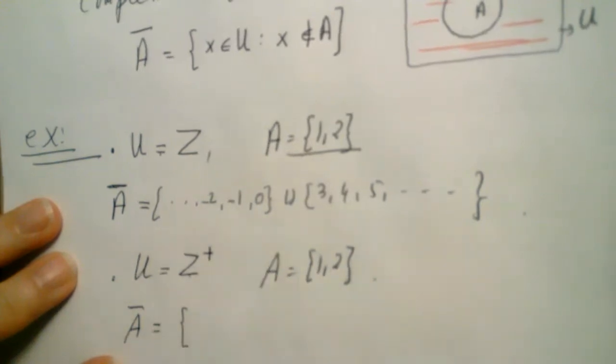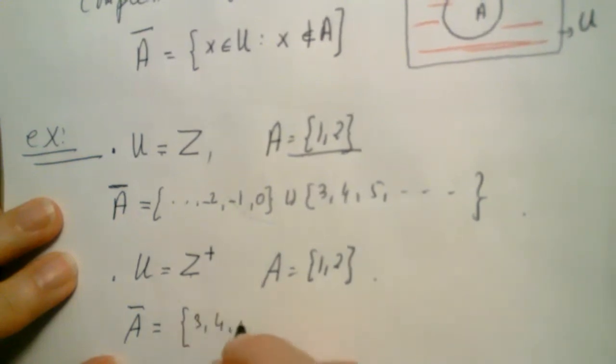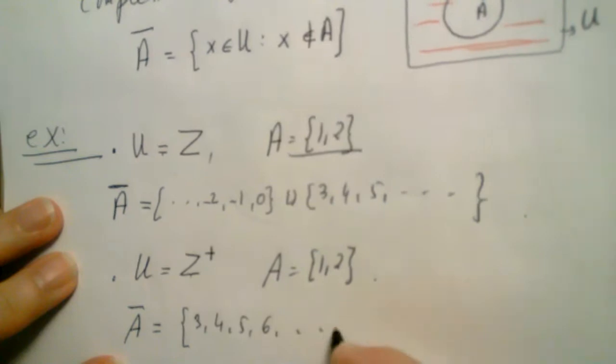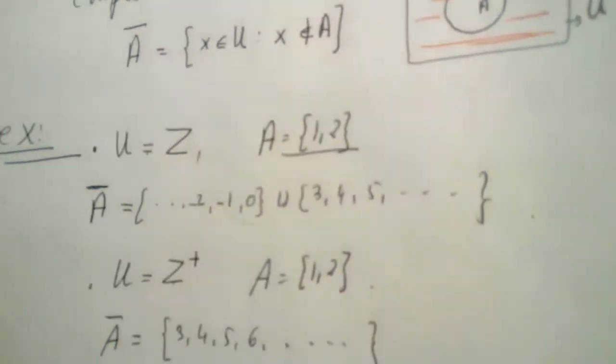So I don't have those. Every positive integer which is not 1 and 2, and so on and so forth. So very different, even though A is the same. Changing the universe will totally change the complement. That's why when I talk about complement, I have to tell you what the universe is. If I'm talking about A union, A intersection, A minus B, the universe doesn't really play an important role.